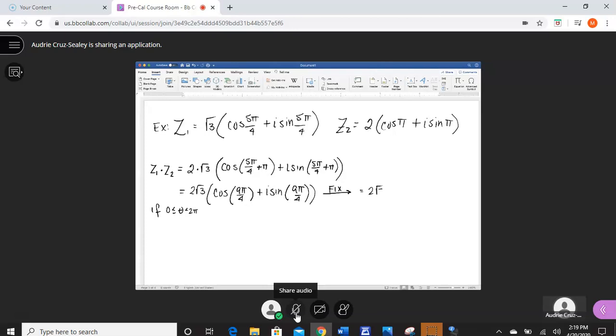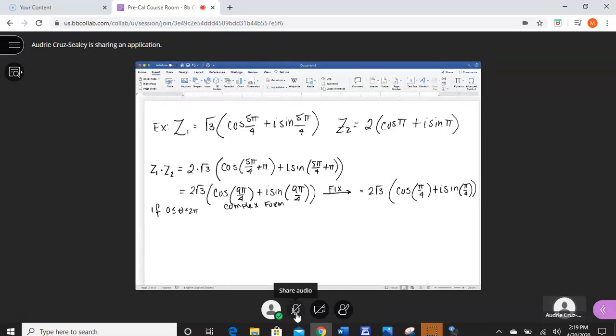So then I would have to fix my angle, and this would become 2 the square root of 3 cosine of what? Pi over 4? Okay, so this is an acceptable answer. The problem is that if it tells you that your angle has to be between 0 and 2 pi, well, then you're going to have to fix it.